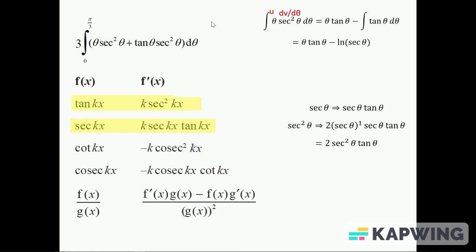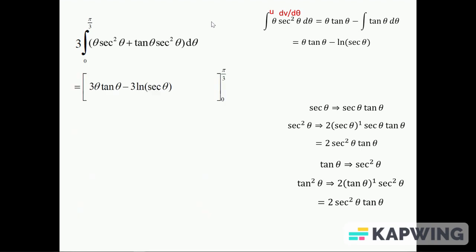If I differentiate tan theta, I get sec squared theta. So if I differentiate tan squared, I get 2 tan theta to the power of 1 multiplied by sec squared theta, which also gives me 2 sec squared theta tan theta.